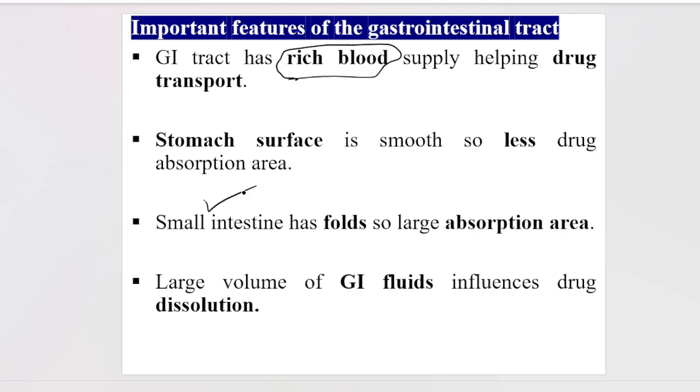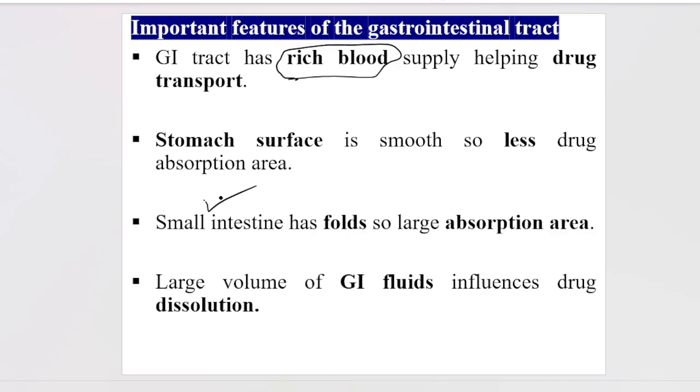In the small intestine there are a lot of projections called villi, and there is a large surface area, so absorption of the drug is greater as compared to the stomach. So that's why the surface area of the small intestine favors much more drug absorption as compared to the stomach.